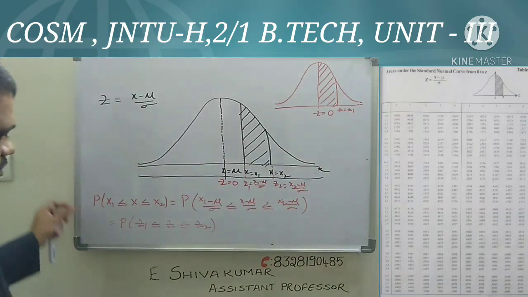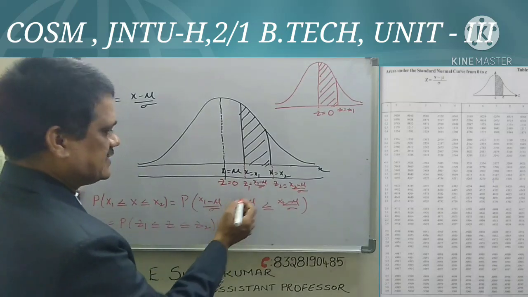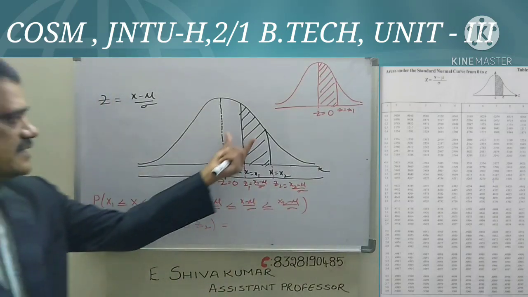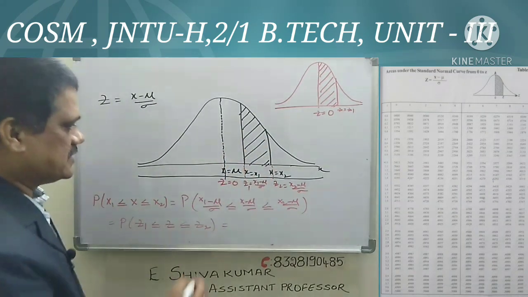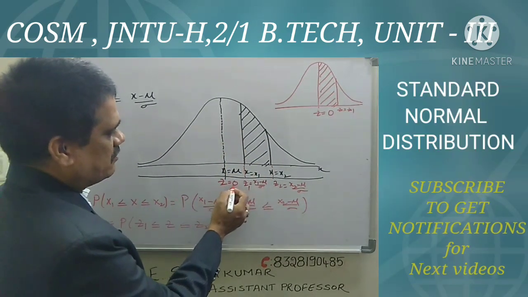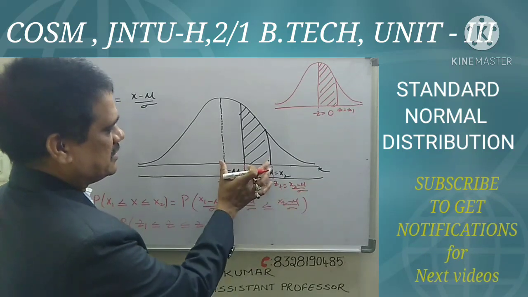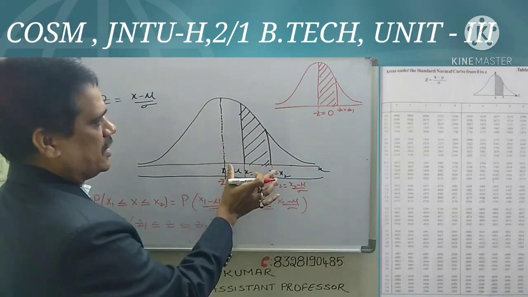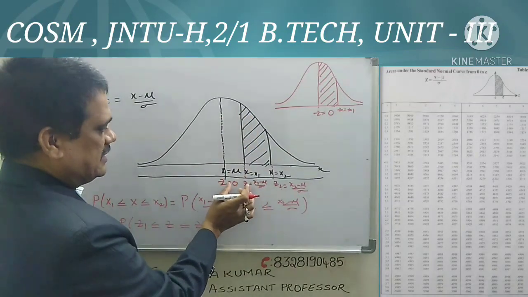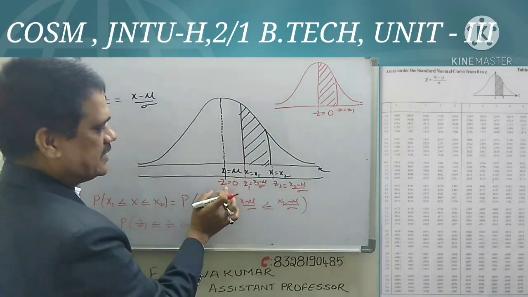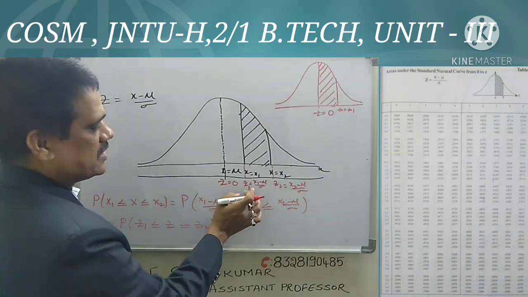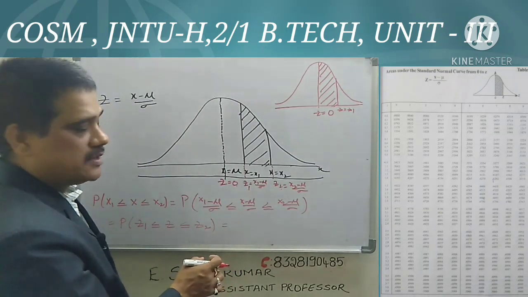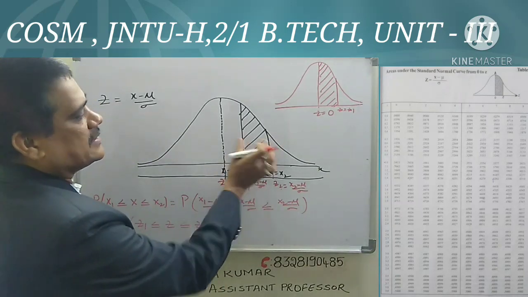Okay. So with this, if it is z1 and z2, then this area I can find like this. For example, if z is equal to 0 to z is equal to z2, this is the total area. Okay. So this is the total area. If I remove this area, z is equal to 0 to z is equal to z1, then I will get this region.